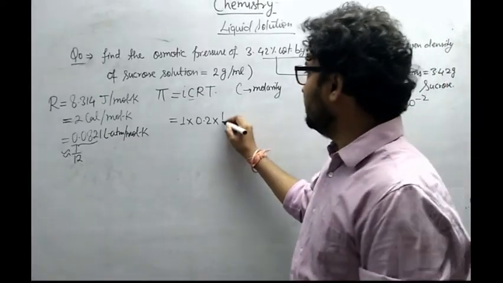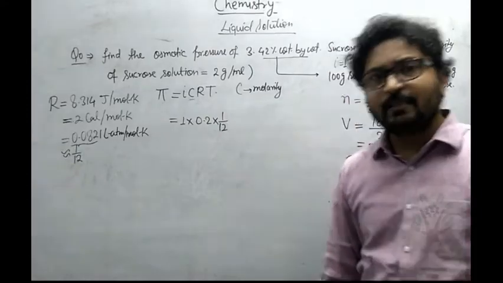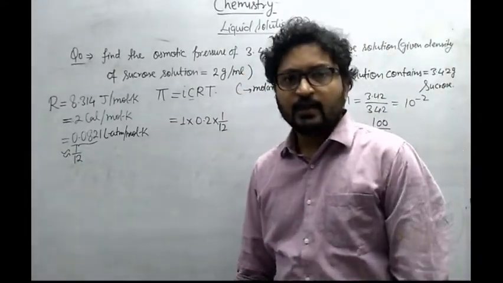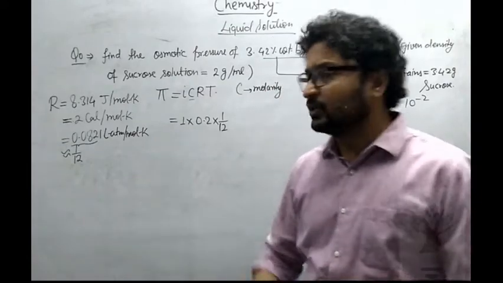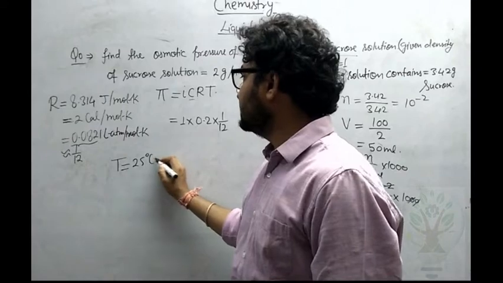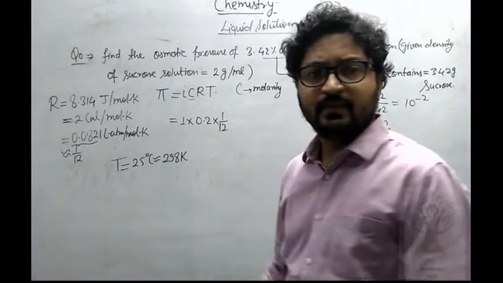So R will be 1 by 12. Now T, the absolute temperature. They have not mentioned any temperature. If they don't mention any temperature, you take T equal to 25 degrees Celsius, that means 298 Kelvin.